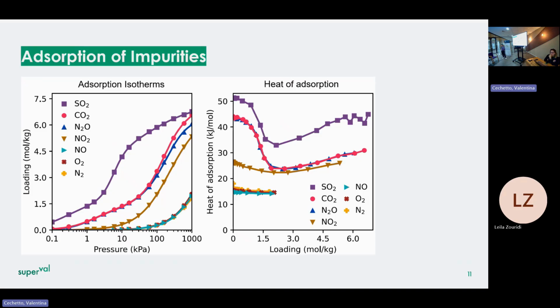The problem, if you have water and nitrogen oxides or sulfur oxides, is that you generate acids. It's not just that you are passing water and NO2, you are generating nitric acid or sulfuric acid. And this typically is not good, not for the MOF, not for anything. So typically for application, we remove water.